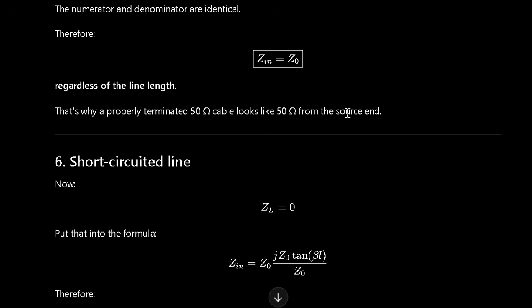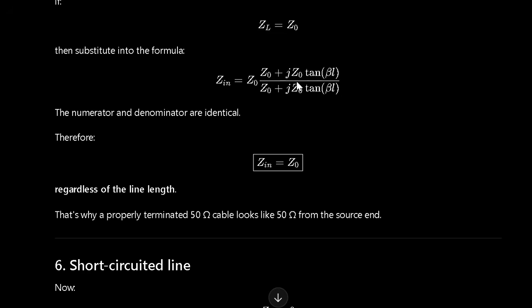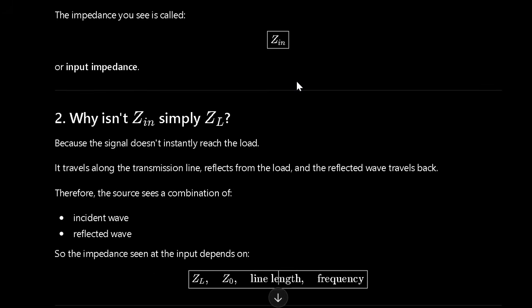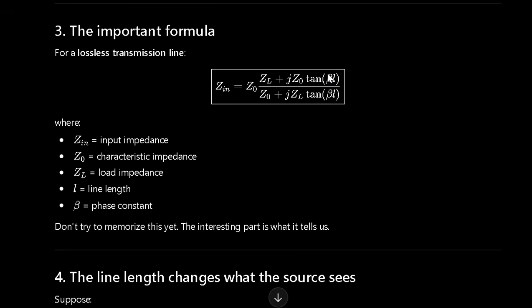So why it came? Z0, ZL plus jZ0 tan beta L. This is a derivation where V equals V0 e to the power minus j beta z, and we substitute Euler's formula in it. e to the power j beta in exponential terms is converted to cos beta plus j sin beta.